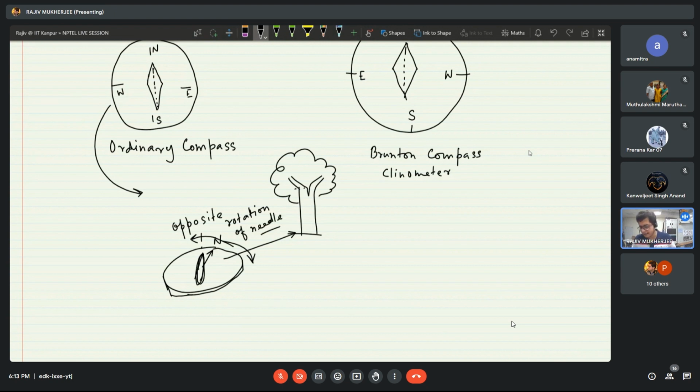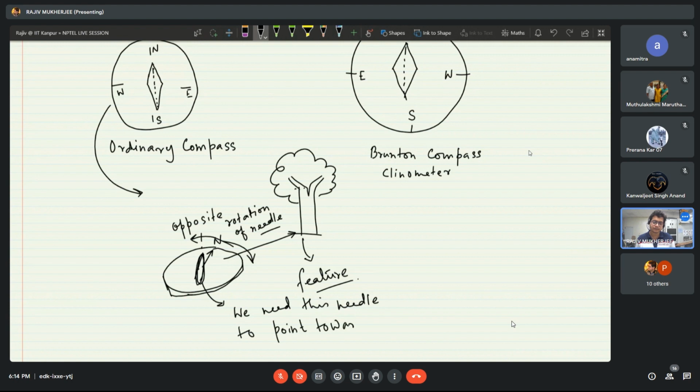So in that case, we cannot use these ordinary compasses to actually measure the direction of any feature. So if this tree is a feature, we need this needle to point towards the feature.